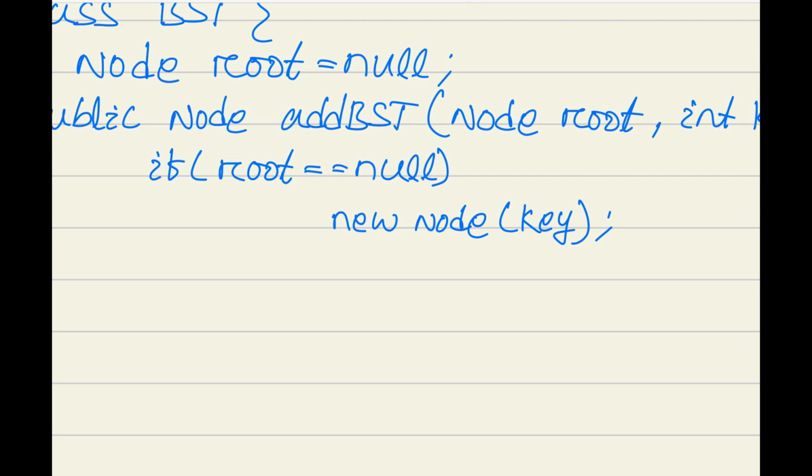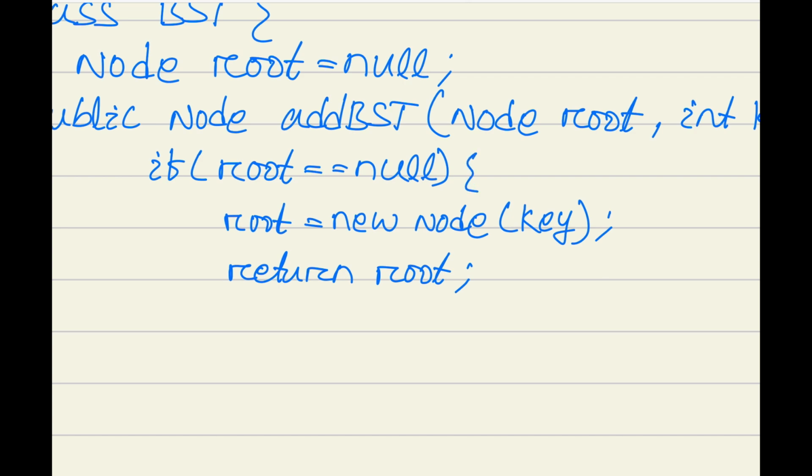In this way, using new Node(key), we can create a new node whose element value is key. Now assign its reference to root, so we can write root equal to new Node(key), and after this return root, because the return type of this addBST method is Node. So we are creating the node and returning this.